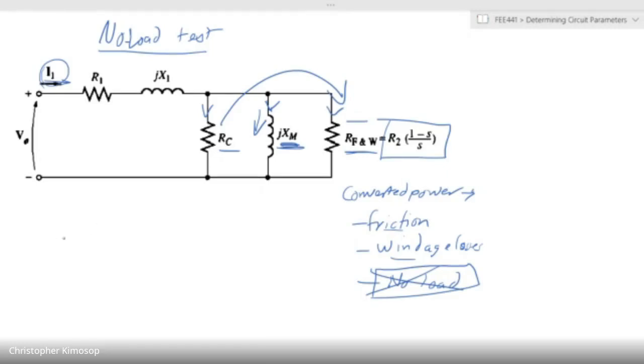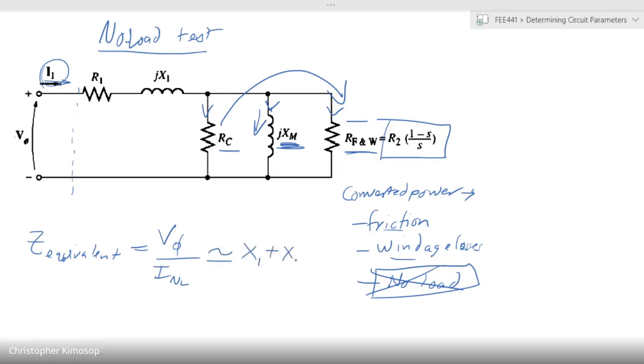So eventually, if we look at the equivalent circuit from the point of view of the voltage here and the current there, they would give us an equivalent impedance given by the phase voltage over the no load input current. And the majority of this equivalent impedance is actually X1 plus XM.